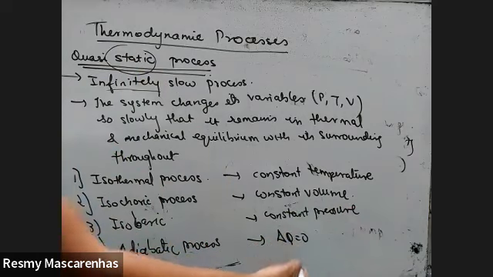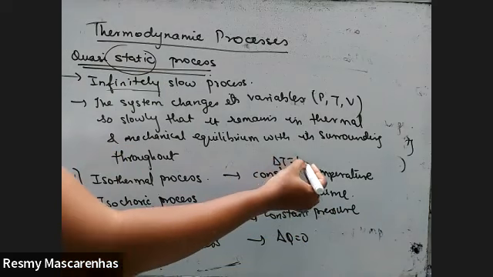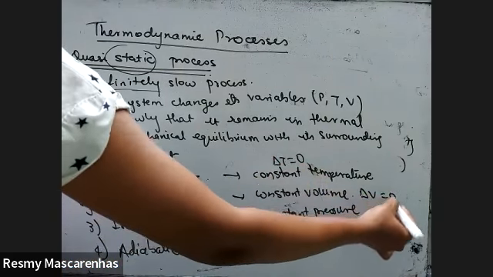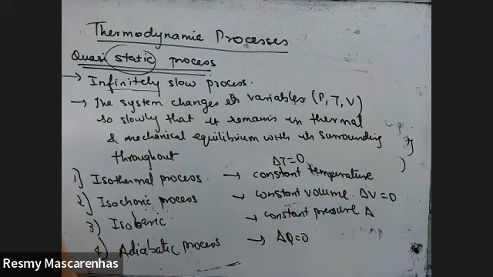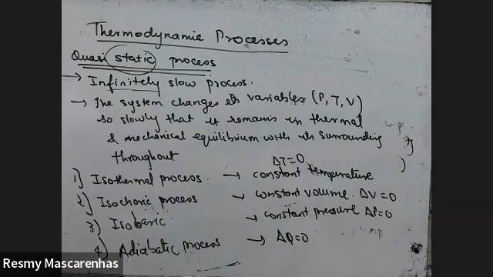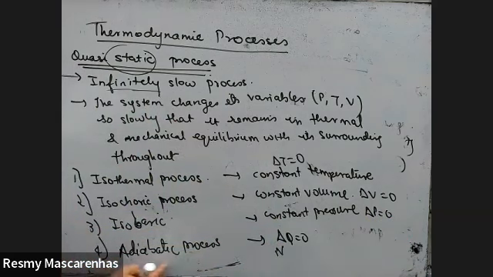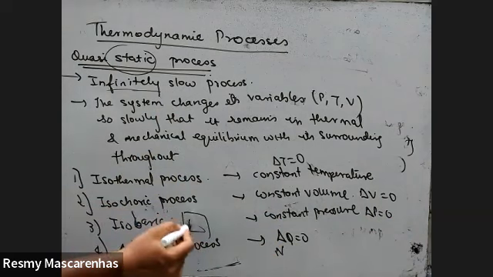Delta Q is 0. Delta T is 0. Delta V is 0. Delta P is 0. Delta Q means adiabatic, you know what adiabatic means. It's a purely insulated system. In the previous class we had seen no heat change takes place. If you put anything inside an adiabatic, I told you heat doesn't go out nor comes in.